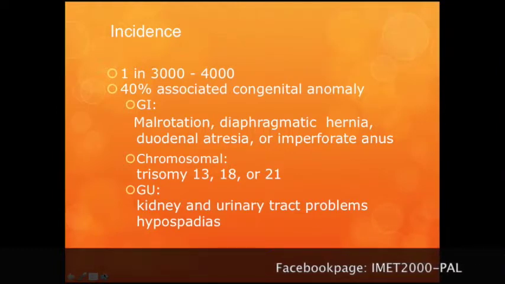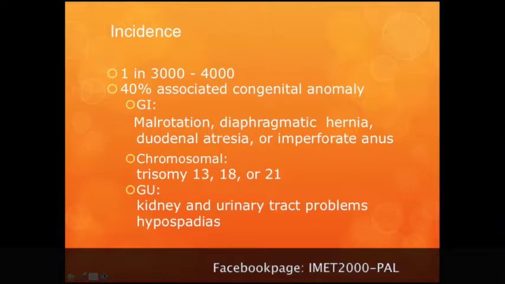A lot of the time, this is part of the VACTERL abnormalities. Remember we talked about some of the VACTERL stuff before, but there are associated other congenital abnormalities in 40%. So they can have diaphragmatic hernia, duodenal atresia, imperforate anus.